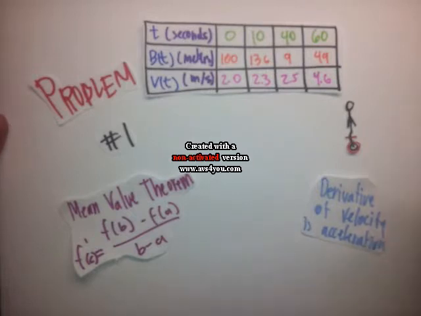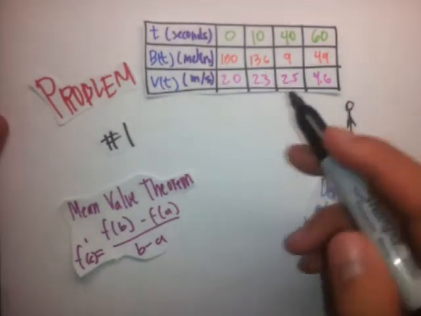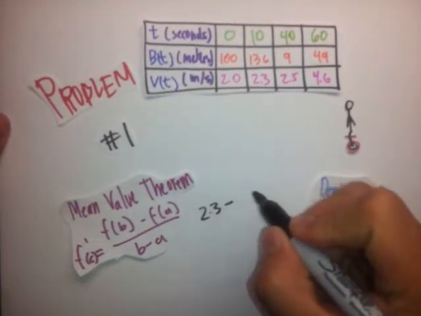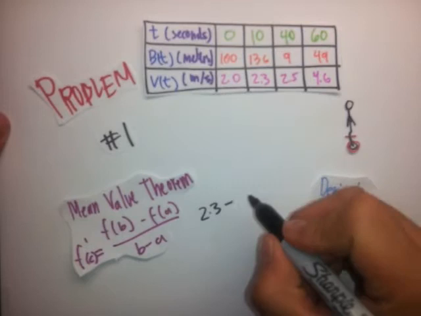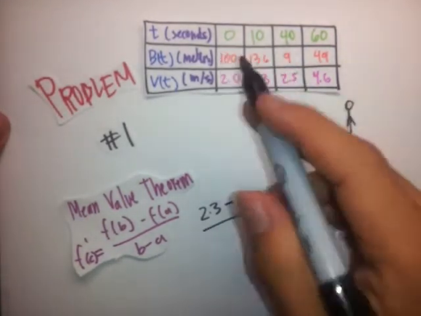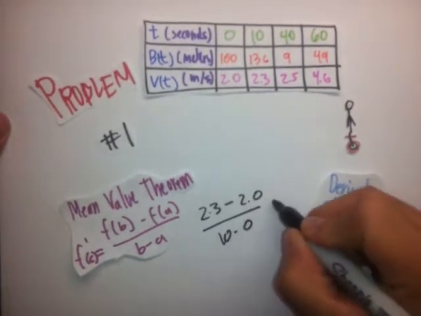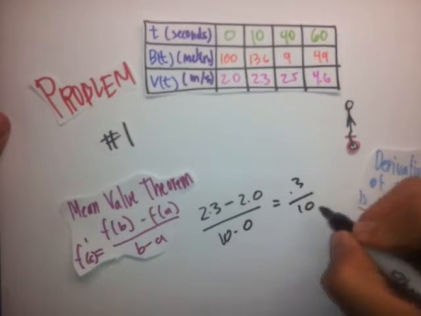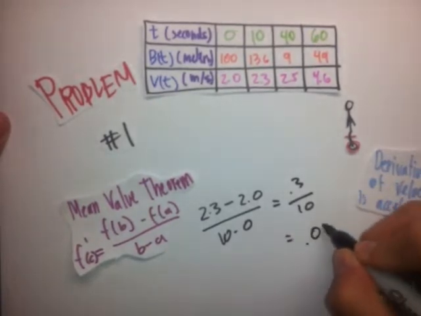So first, you find your f of b, which is 2.3. So 2.3 minus the f of a, which is 2.0, over b minus a, which is 10 minus 0. And that comes out to be 0.3 over 10, which equals 0.03.